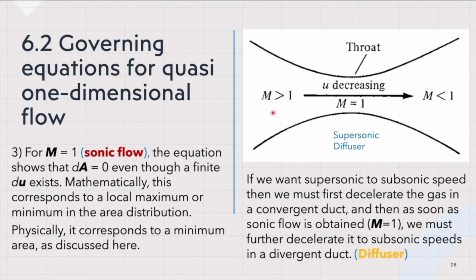We slow down the gas in a convergent duct, and as soon as it goes into the throat, where Mach number equals 1, we then further decelerate it to subsonic speed in a divergent duct. This is what we call a diffuser. So there are two conditions there.